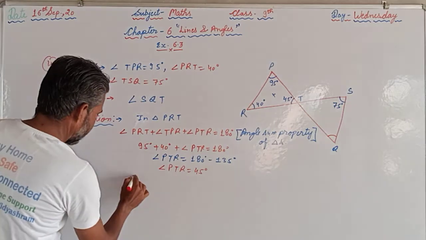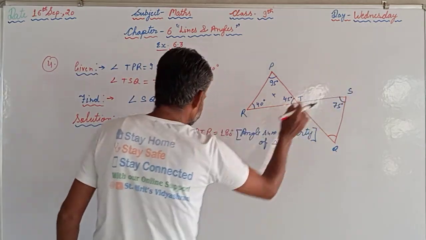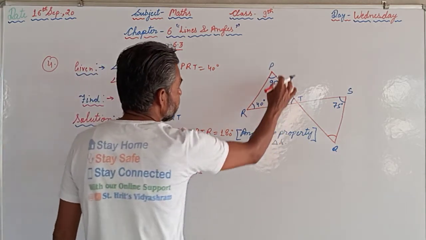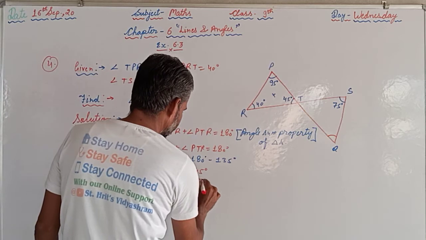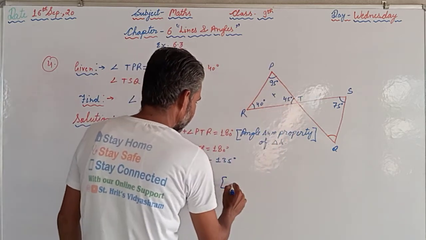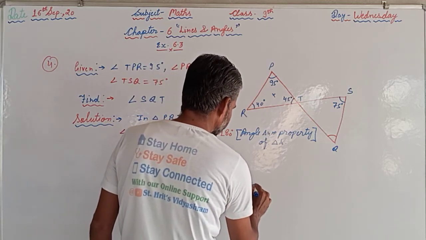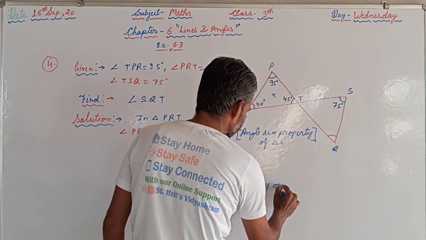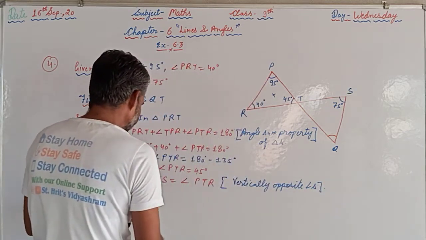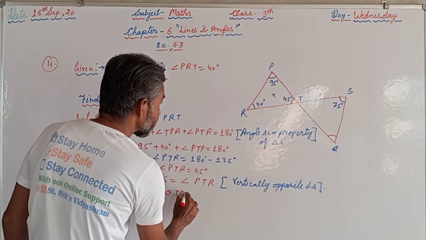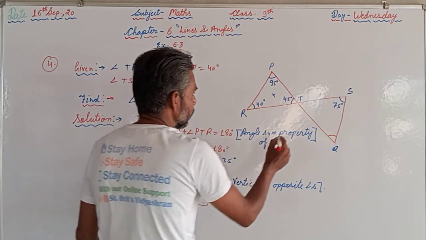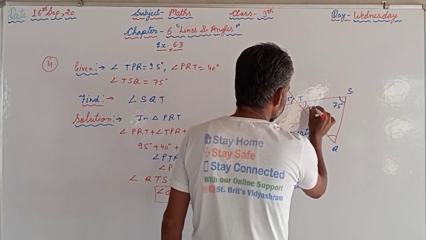So angle QTS will be equals to angle PTR. Why? This angle will be equals to this angle, vertically opposite angles. So angle QTS will be equals to 45 degree as well. So this will also be 45 degrees.